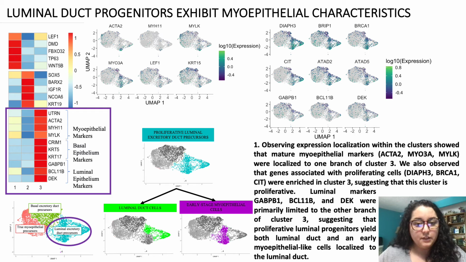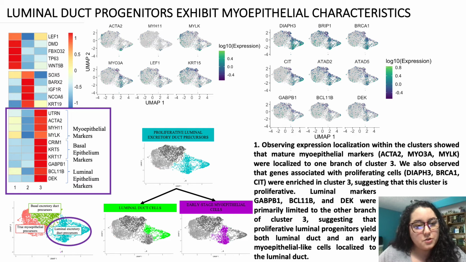We wanted to delve a little further into this cluster 3 here, so we decided to observe the localization of some of these markers. We noticed that the mature myoepithelial markers, like ACTA2 and myosin 3A, primarily occupied this little arm of cluster 3, while luminal markers primarily occupied the other little arm.